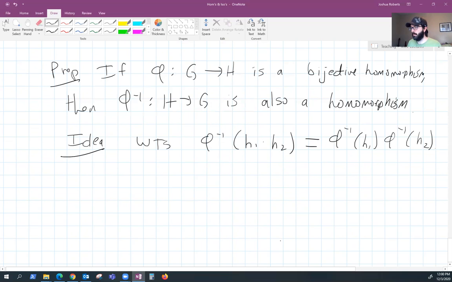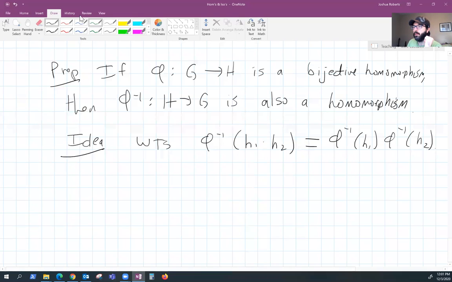That's what it means to be a homomorphism. Well, because phi is a bijection, it's going to be onto, which means I can find elements G1 and G2 that are going to map to H1 and H2.